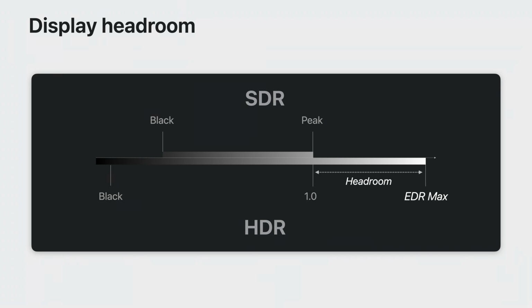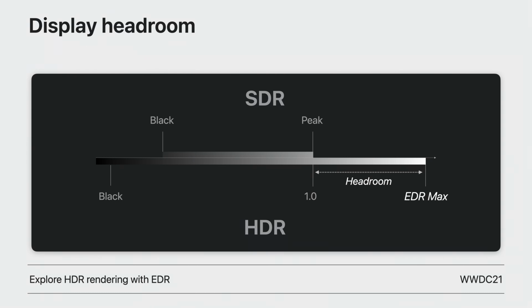In the EDR paradigm, reference white is 1.0, and the peak is the maximum value the display can represent. The HDR APIs I introduce today use EDR to implement a more complete pipeline for high dynamic range content. If you want to learn more about EDR, check out the Explore HDR Rendering with EDR talk.